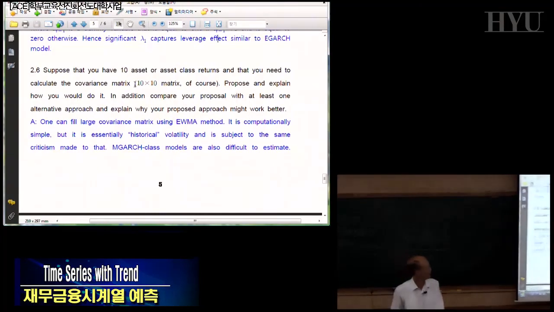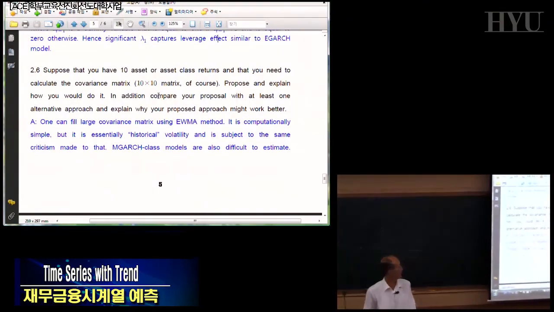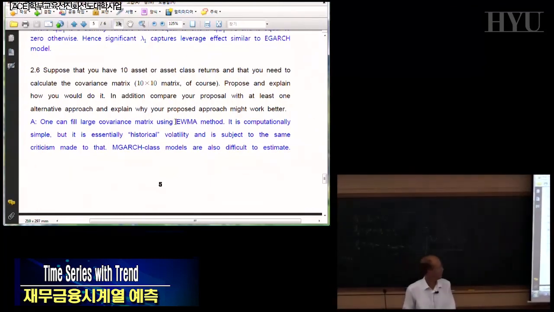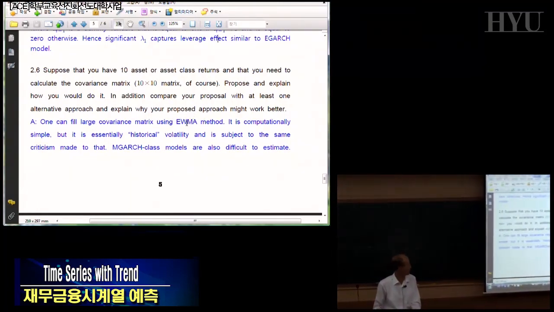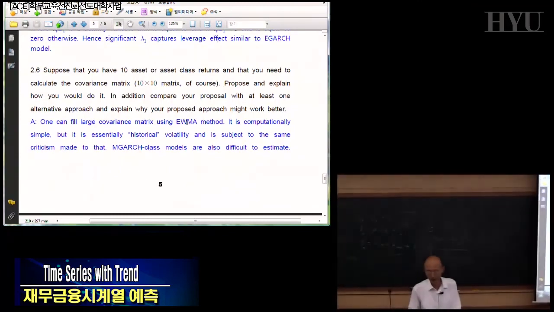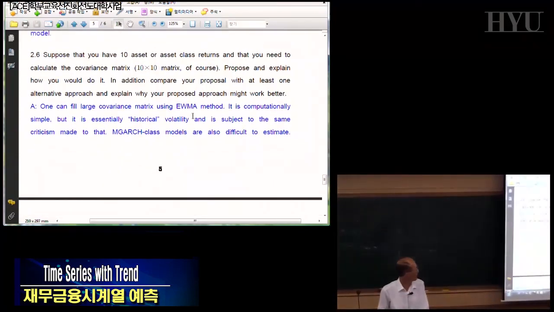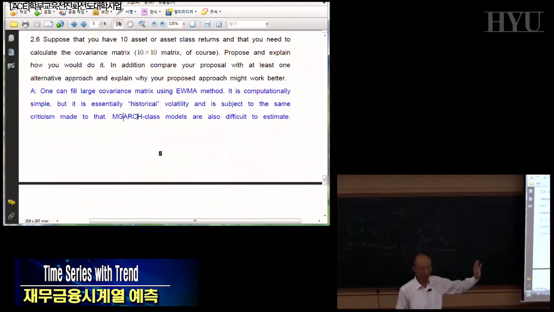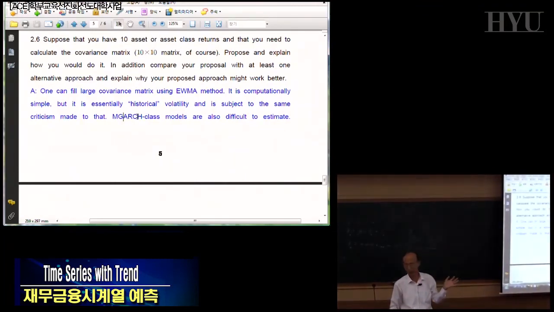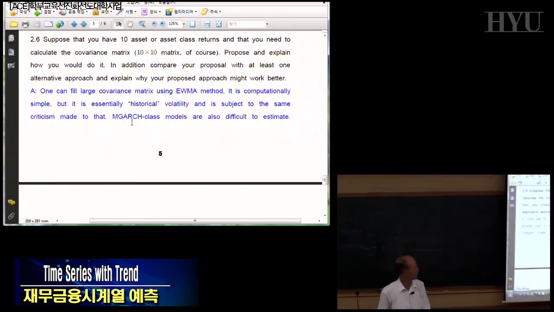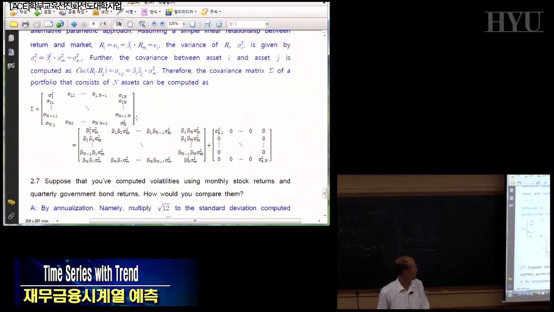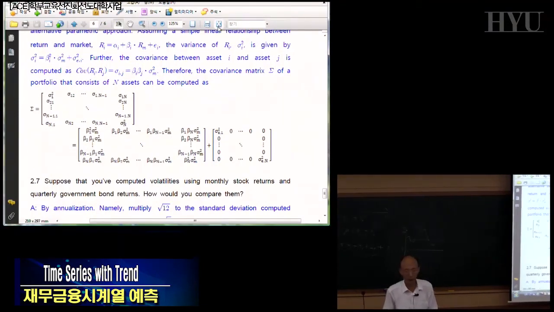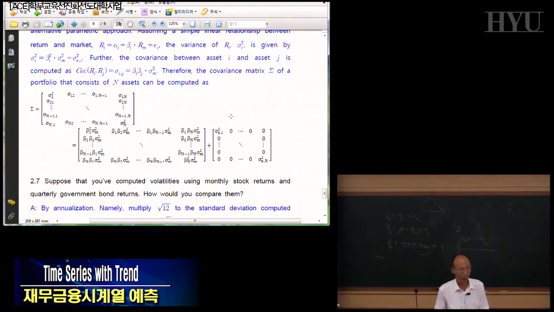And this one is about a single index model. Okay. So if your covariance matrix gets bigger and bigger, but you still want to introduce a feature like conditional volatility, then multivariate GARCH model is not your answer because it is very difficult to estimate, so not feasible. So something like this looks awful, but the idea is very simple.